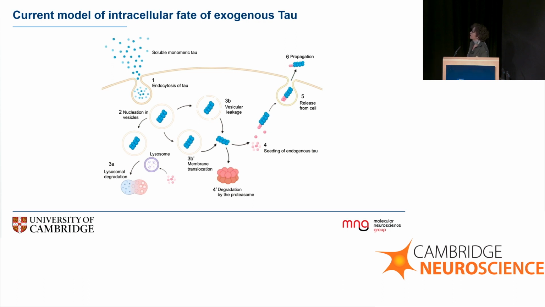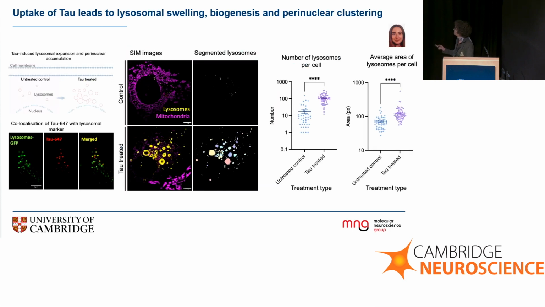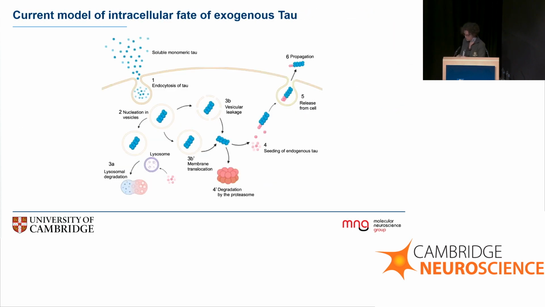And so in order to model this, we used exogenous tau and added it to the cells. And then we studied what happens to this exogenous tau that we added to the cells. We know it is endocytosed and goes into the endolysosomal pathway, and then it can have several different fates.